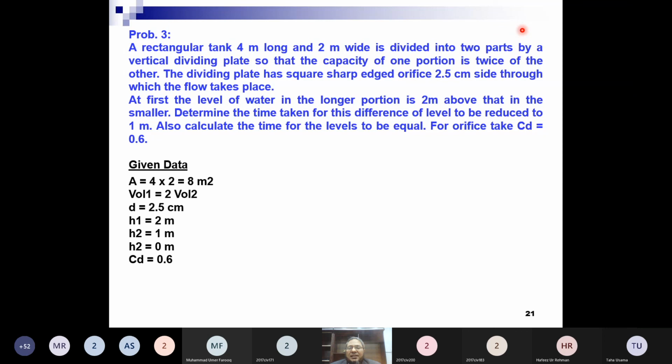So mainly till today what we have discussed, we have derived I think 3 equations. One is this equation, small t, that is integral h1 to h2 area times dh divided by q1 minus q2. This is the general equation.